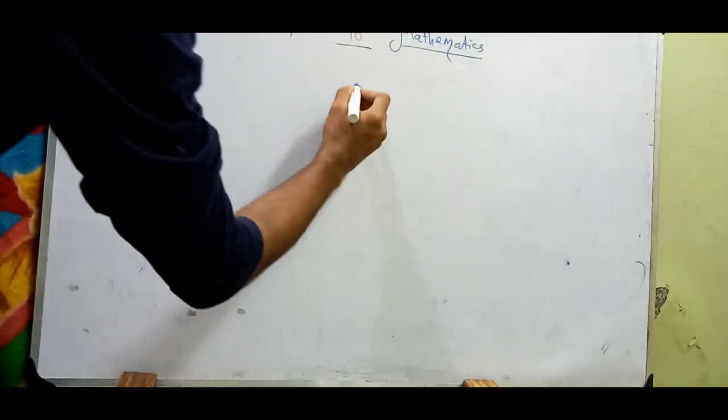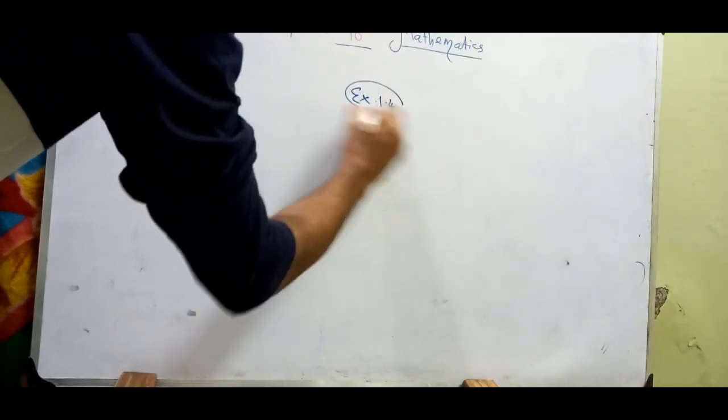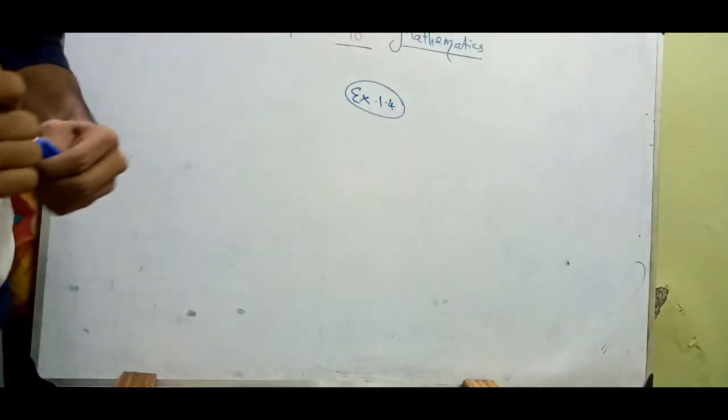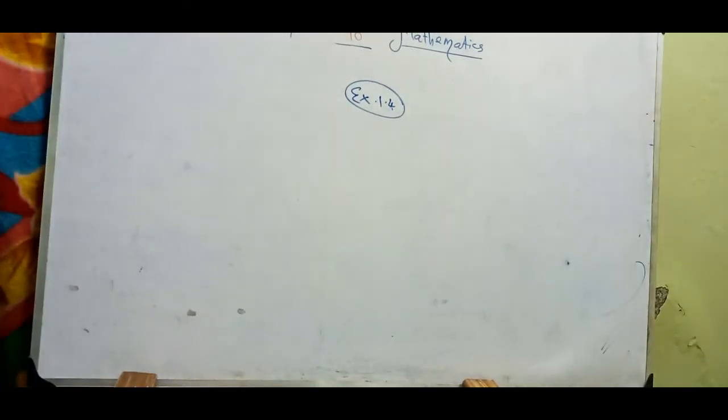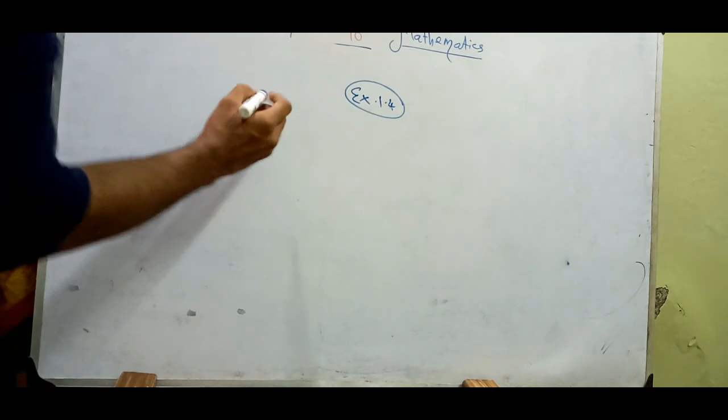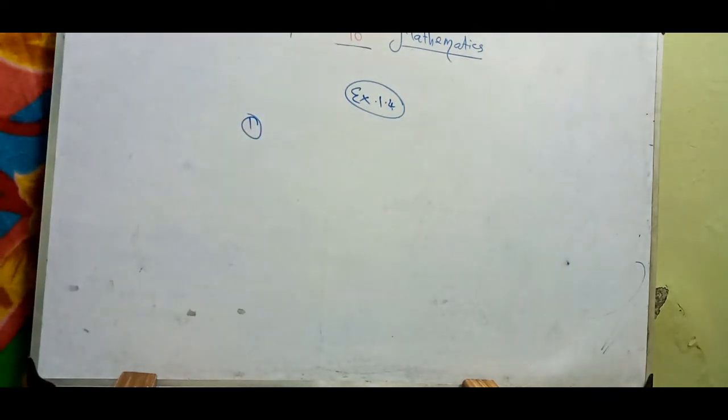So let us have exercise 1.4. I'm going to do only a few problems, the rest is up to you. The first question is: determine whether the graph given below represents a function or not. Give reason for your answer concerning each graph.